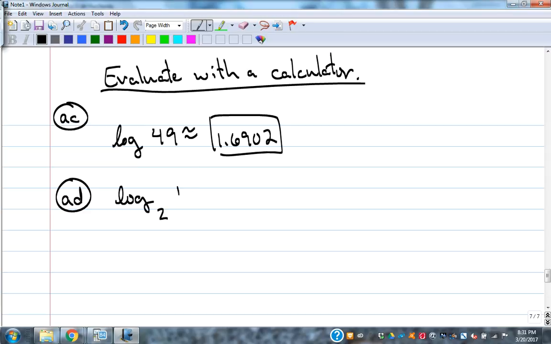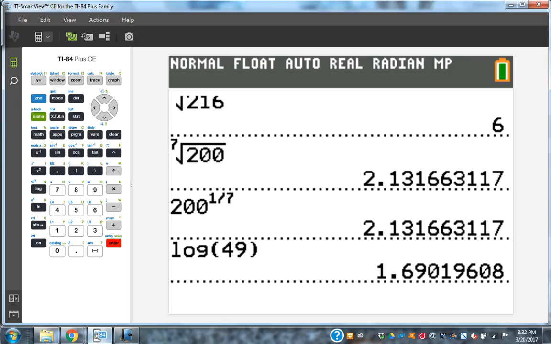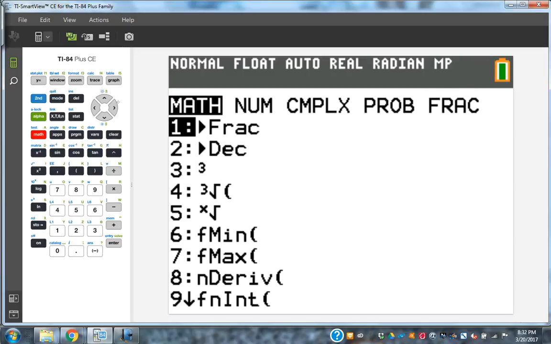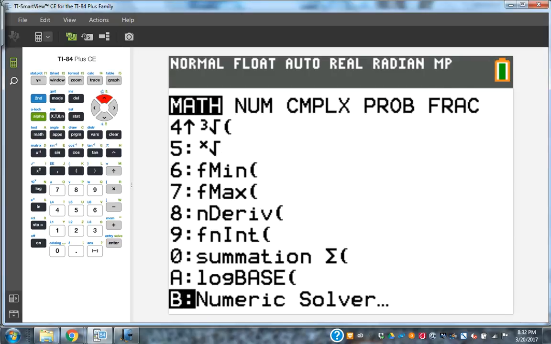Log base 2 of 15. We're going to approximate that with the calculator. To get a log base, there are a couple of different ways to do it. We're going to use the log base function first, and then I'll show you the change of base formula that you can use if you don't want to go this route. So hit math, and you'll press the up arrow. You're looking for a thing that says logBASE.